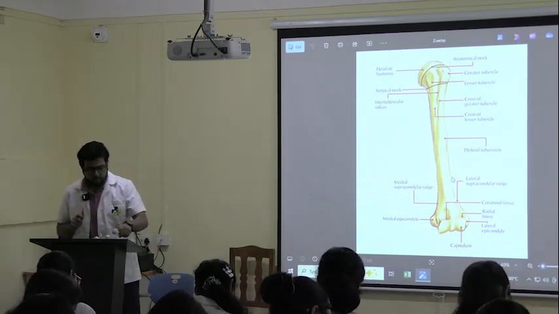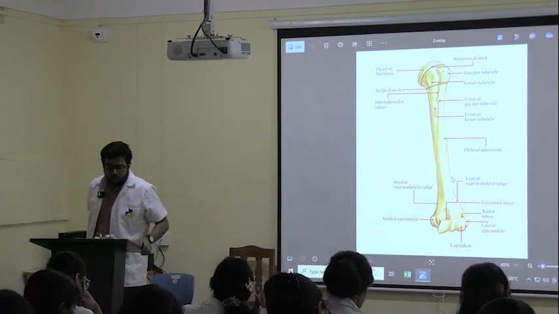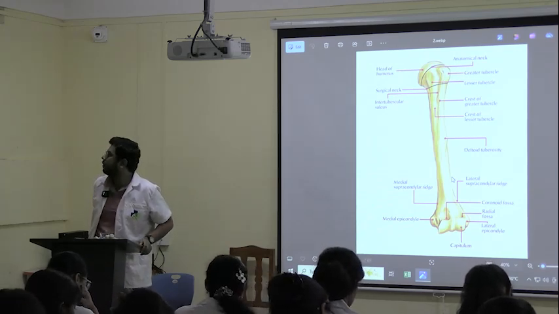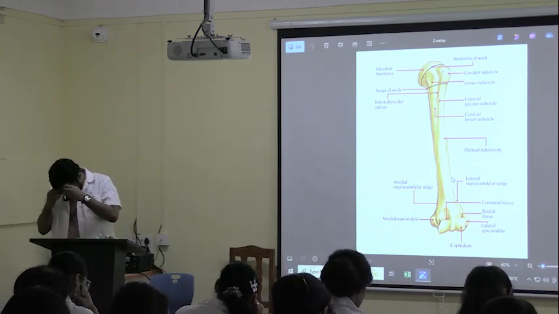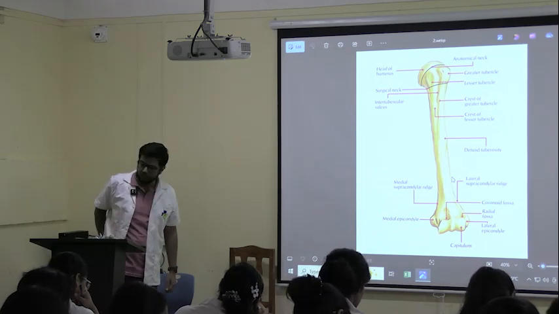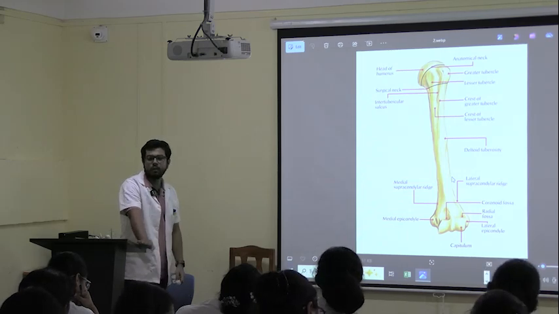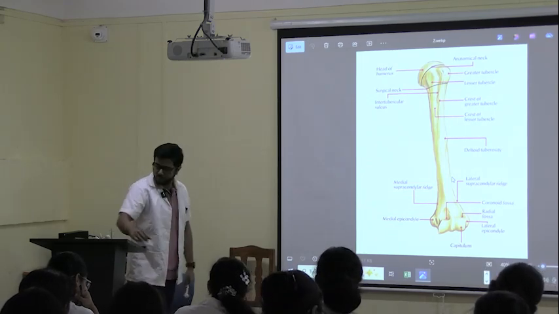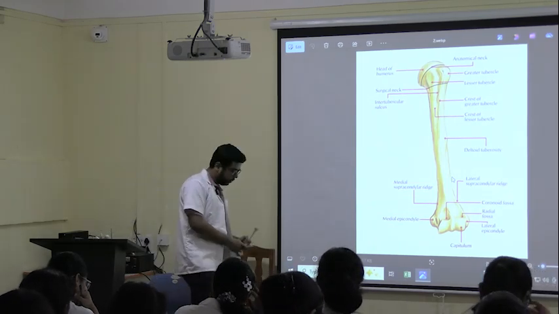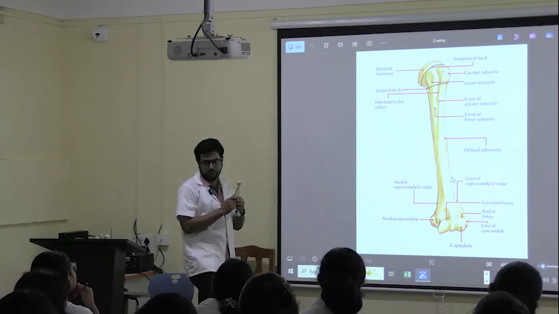The greater tuberosity will be facing laterally, and the lesser tuberosity will be facing anteriorly. Okay?